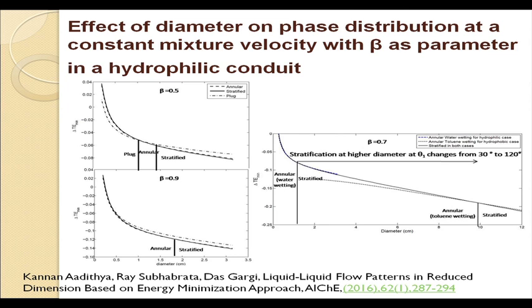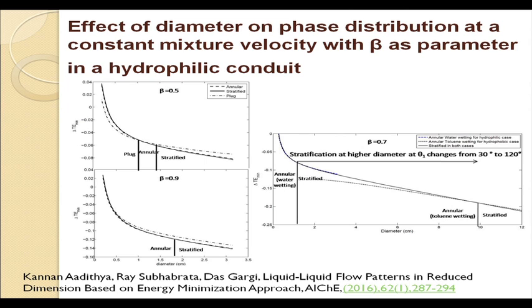So, from here what do we understand? It is very evident that the stratified flow exists beyond some particular critical diameter. For this particular case of water toluene flow, we have observed the critical diameter to be 1.5 centimeters. Quite evidently, the critical diameter will be a function of phase physical properties. It is a weak function of the inlet volumetric fraction.